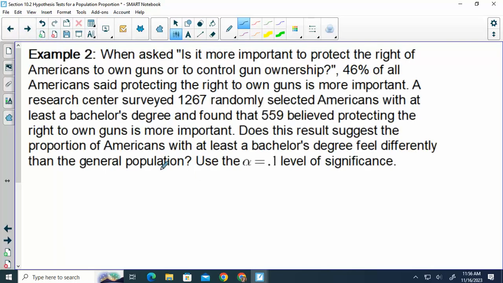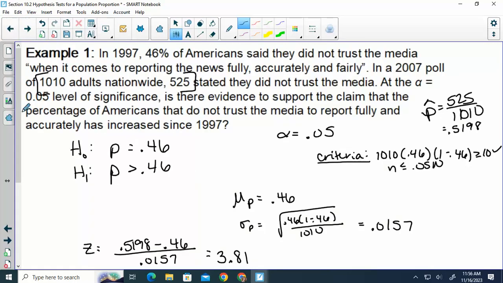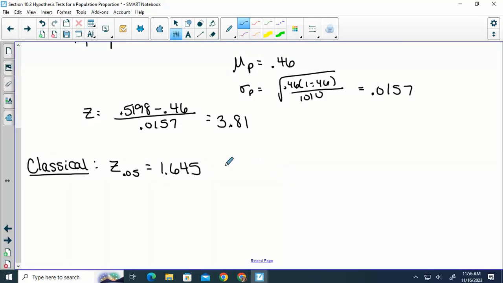Yes. So I would say since the 3.81 is bigger than the 1.645, reject the null hypothesis.